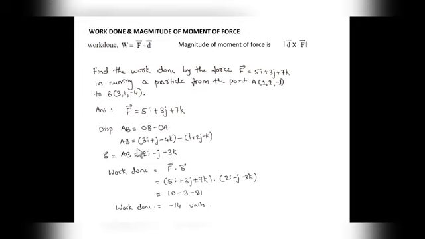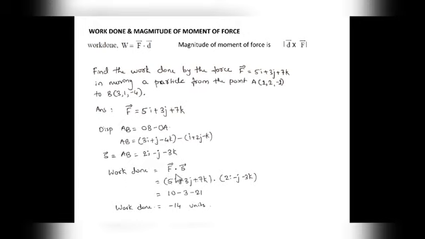Now open the brackets. 3i minus 1i is 2i. j minus 2j is minus j. Minus 4k plus k is minus 3k. This is the displacement.